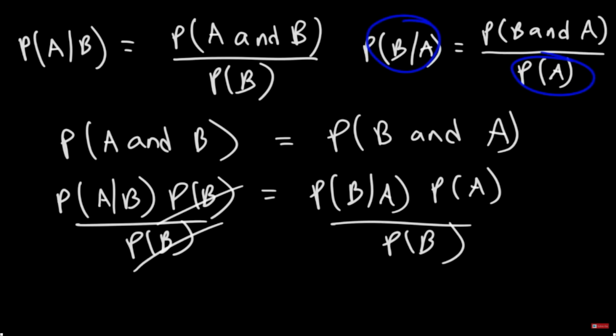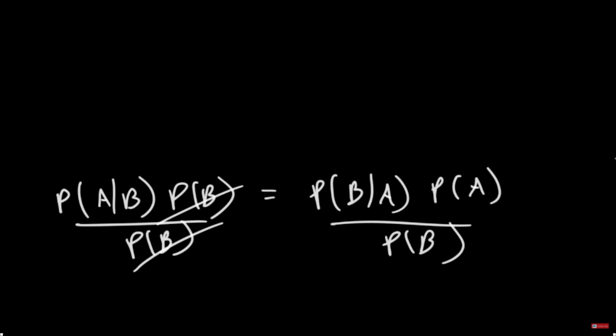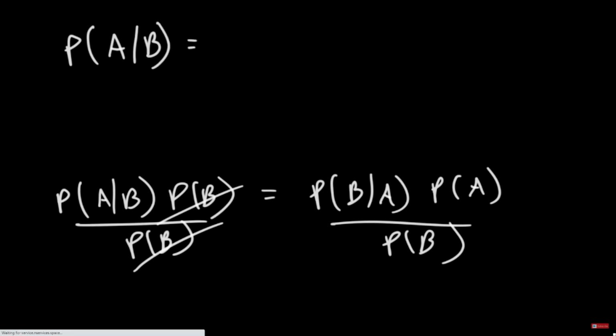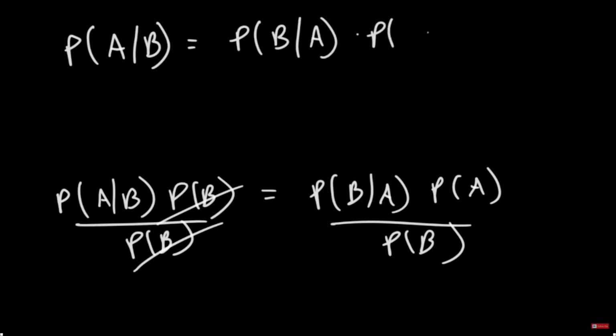And so this is going to give me the formula that is associated with Bayes' theorem. So the probability that A will occur given that B has already occurred is equal to the probability that B will occur given that A has occurred times the probability of event A occurring divided by the probability that event B will occur.